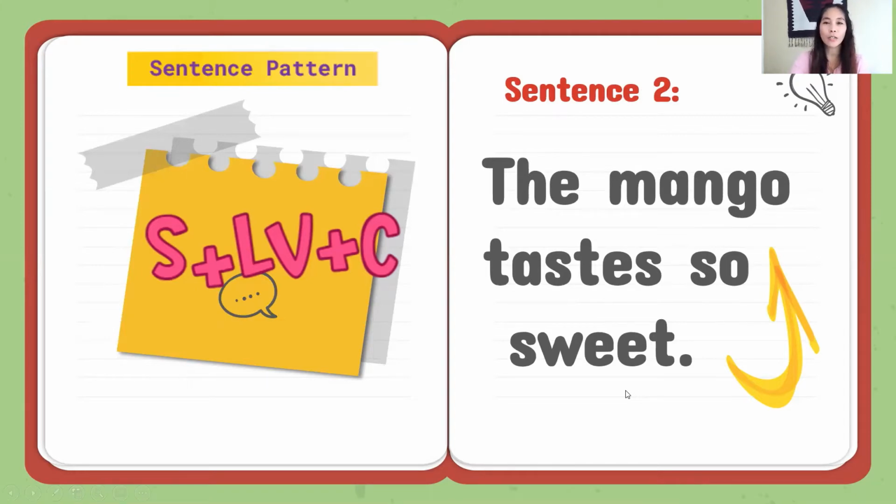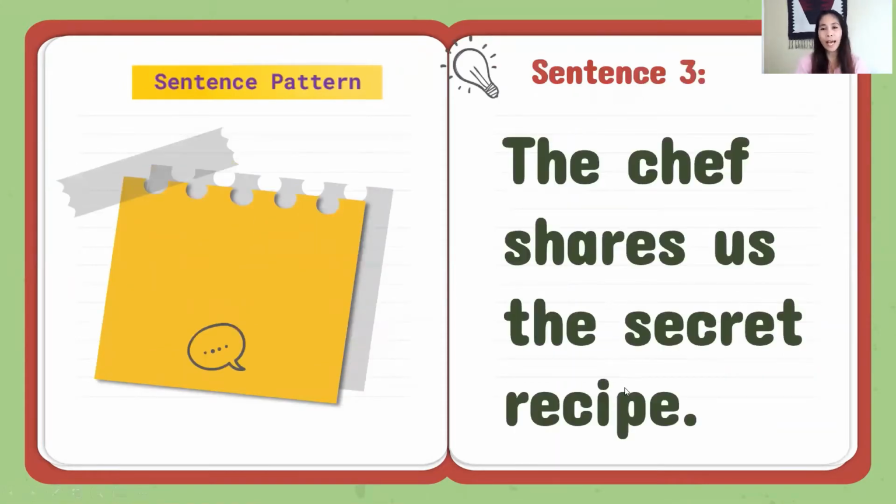All right, now let's go to the third sentence. Can I ask somebody to read? Okay, so: the chef shares us the secret recipe. Now, what do you think is the sentence pattern for this sentence? Can you say it louder? All right, that's correct.